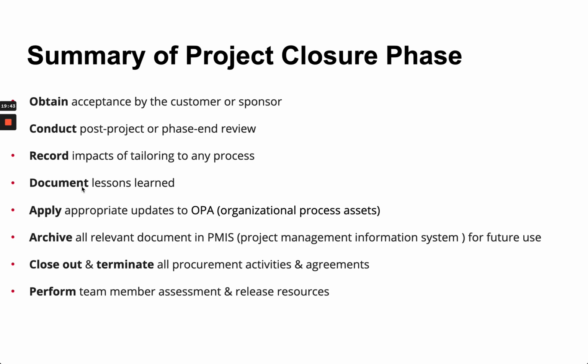You want to apply any updates, say, to the organizational process assets. You want to terminate, hopefully in good standings, those contractual type of agreements. And eventually you need to release, whether it be equipment that was used, people, they go on to different other projects, things to that nature.